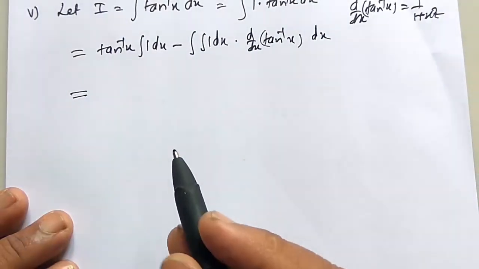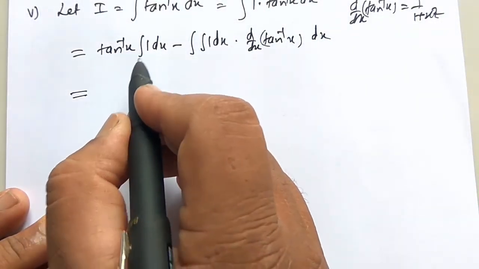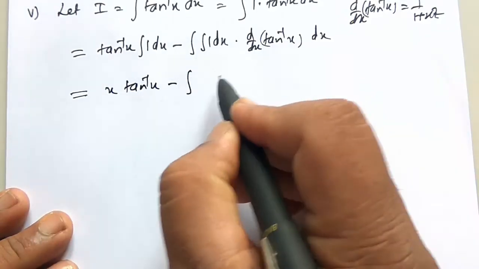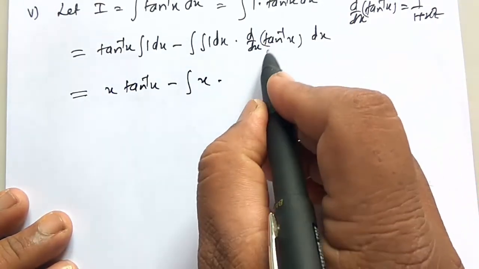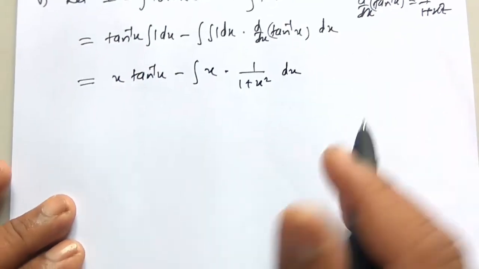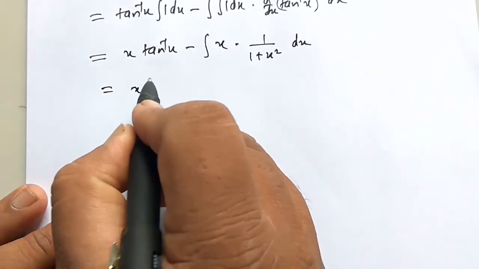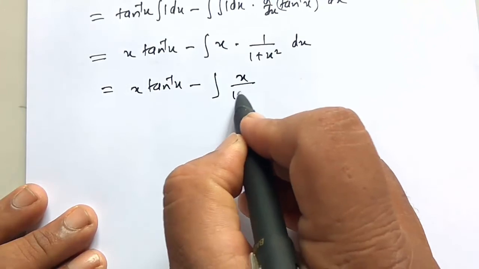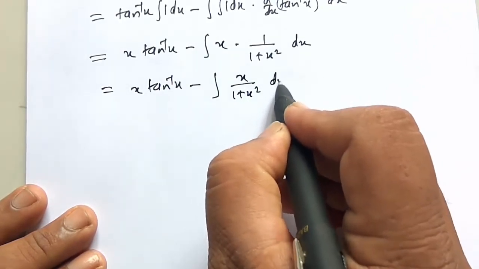So this is equal to, integration of 1 is x, so x tan inverse x minus x, derivative of tan inverse x is 1 upon 1 plus x square dx. So this is equal to x tan inverse x minus x upon 1 plus x square dx.